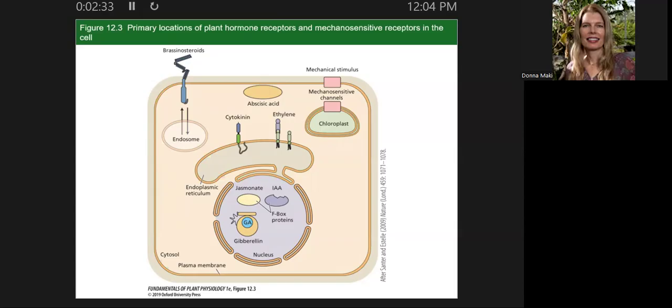So for example, if a pathogen is attacking the plant, it may be some bit or piece of the pathogen's body that ends up docking into the receptor, and that flags the plant that there's a pathogen present. And so we'll talk about that too. But in this set of slides, we're more focusing on what about the hormones? How do those interact with the physiology of the plant?